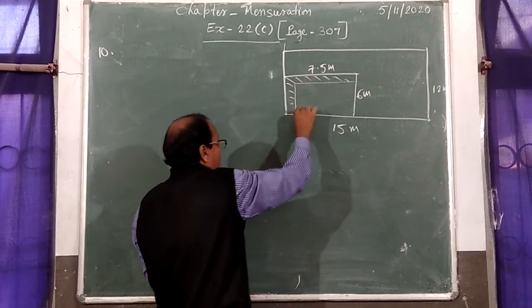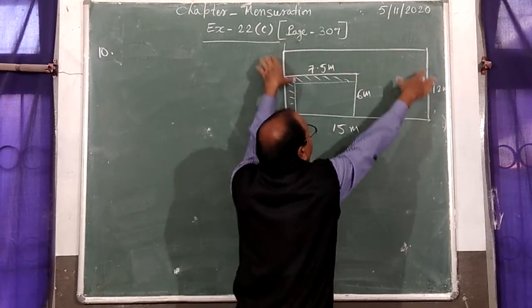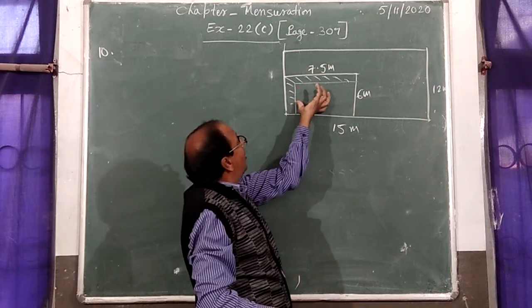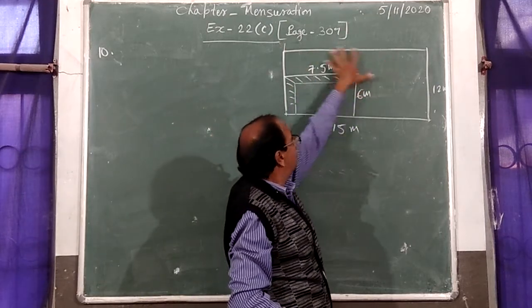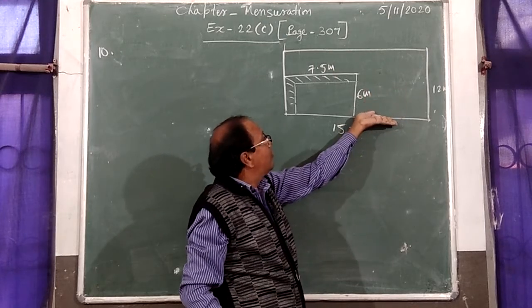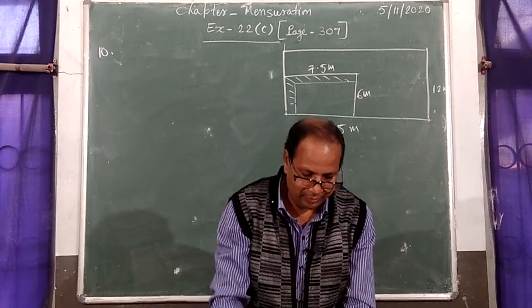So this is the depth. So this soil will be removed and it will be filled up in the rest of the field. And our question is, when this soil is removed and filled on the rest portion of the field, what will be the rise of the soil or height? Okay, so that is your question.